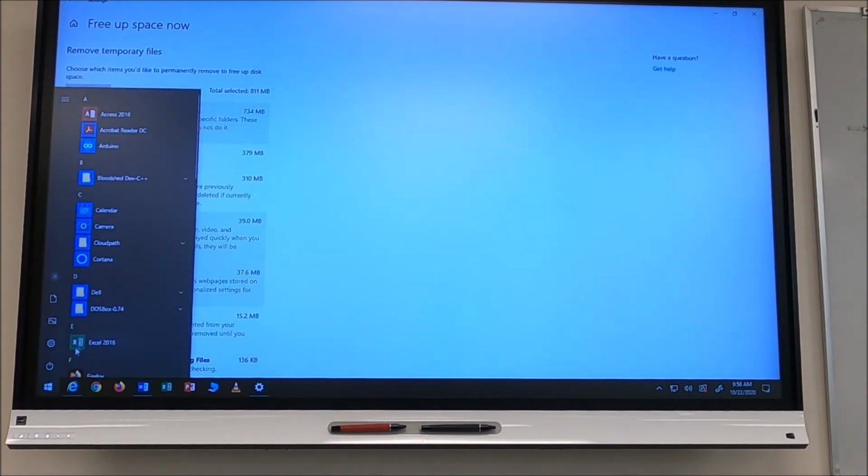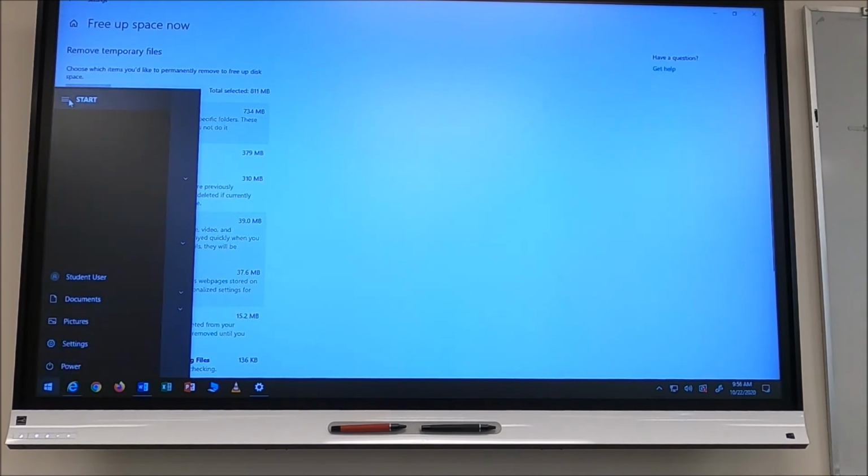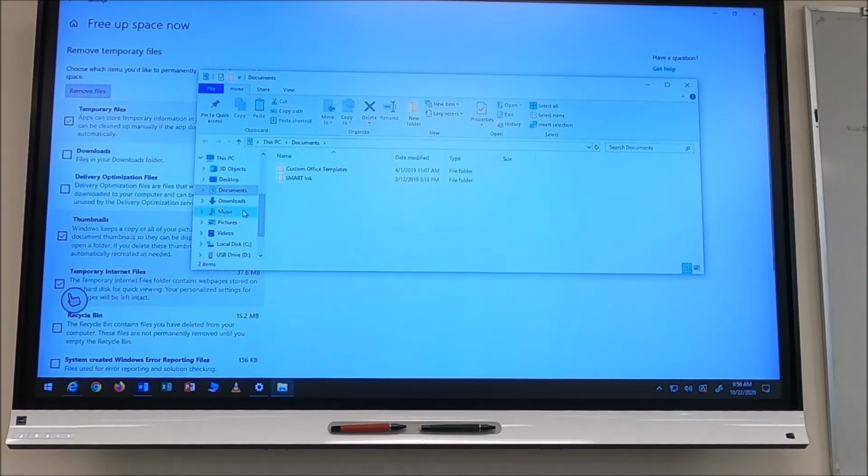I hate this computer because I should be able to find documents. Go documents.